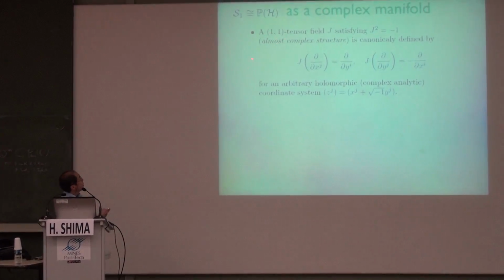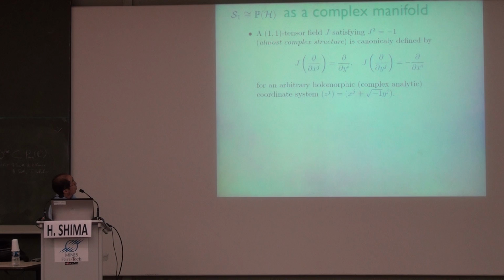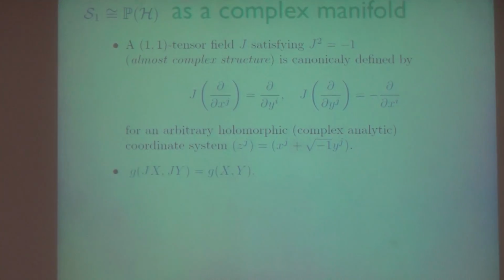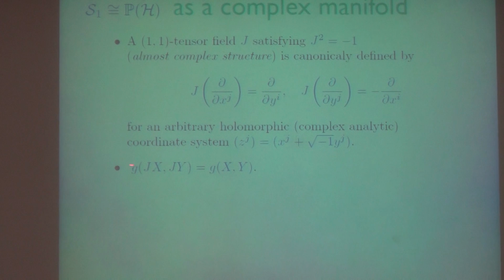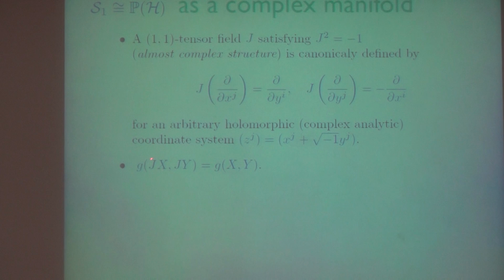Now let us see some fundamental facts about the complex structure of this projective space. First of all, we have a tensor field J satisfying J squared equals -1. That is, the almost complex structure is canonically given like this for arbitrary holomorphic coordinate systems. And the Fubini-Study metric, or SLD metric, satisfies this relation.